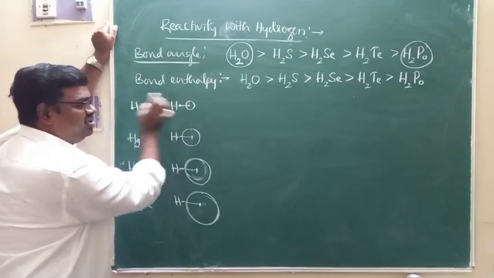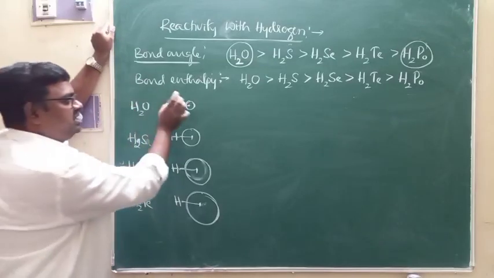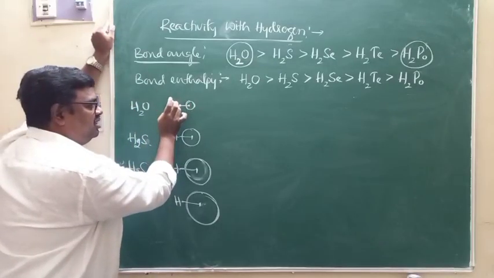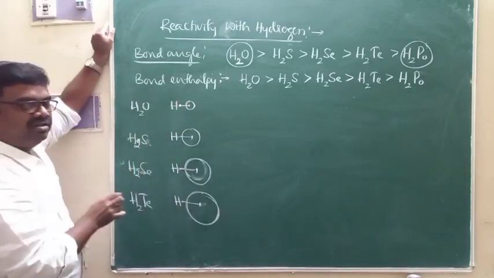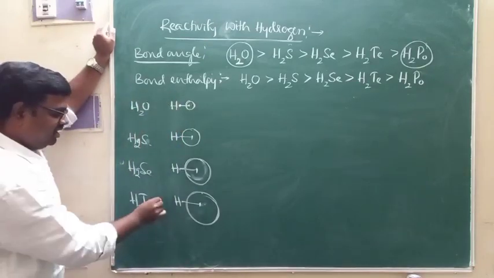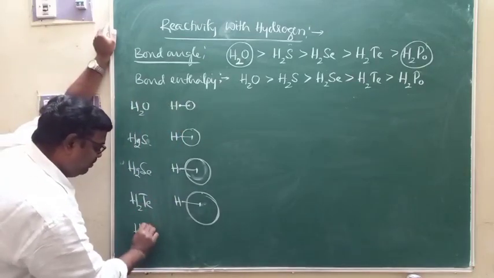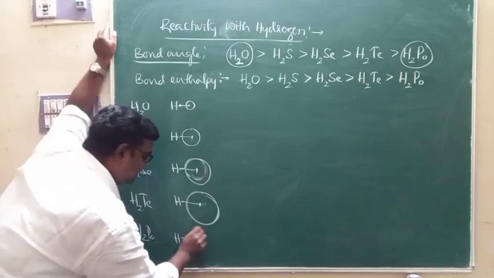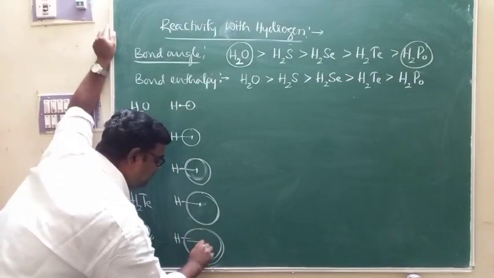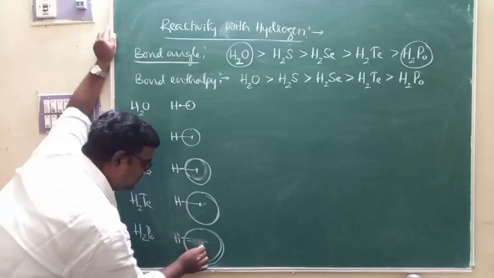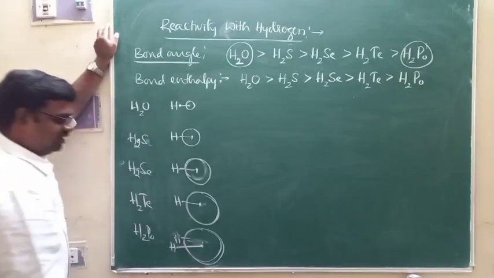Therefore, they are very, very close to each other. There is a maximum force of attraction between hydrogen and oxygen there due to small size. But in the case of H2Po, hydrogen is attached to a very, very big atom. What happens?